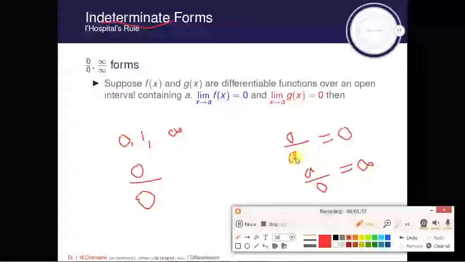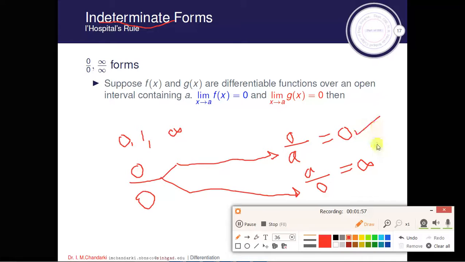Because if I replace a equal to 0, you will get 0 by 0, and by this rule it comes out as 0, and by that rule it comes out as infinity. So 0 by 0 has two values, which is impossible in algebra, and that's why this form, called 0 by 0 form, is called the indeterminate form.